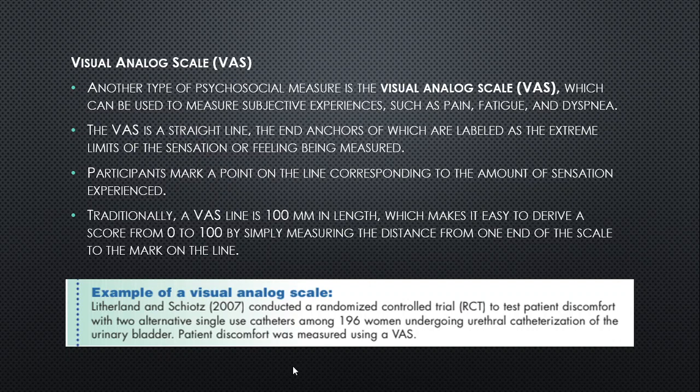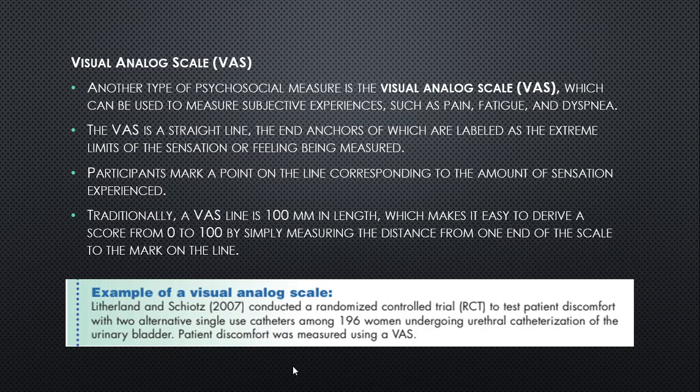The visual analog scale, or the VAS, is another type of psychosocial measurement, which can be used to measure subjective experiences such as pain, fatigue, and dyspnea. An example of that is our pain scale with pictures. The VAS is a straight line, the end anchors of which are labeled as the extreme limits of the sensation or feeling being measured.